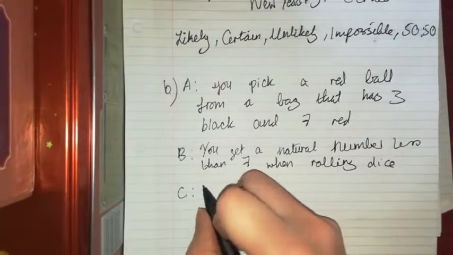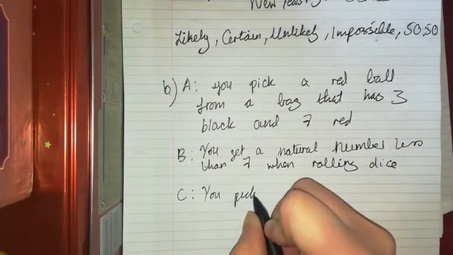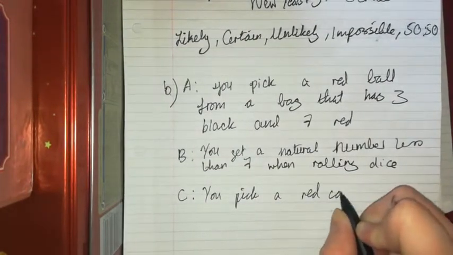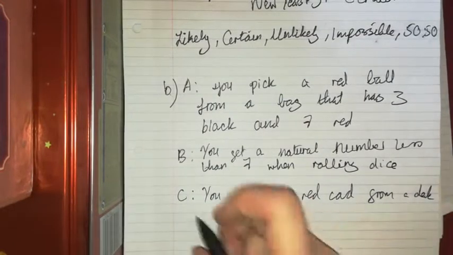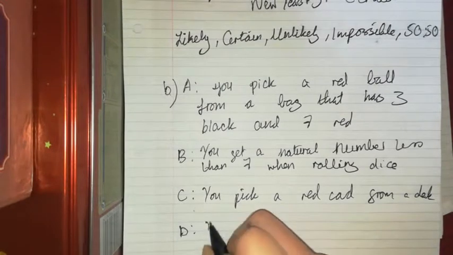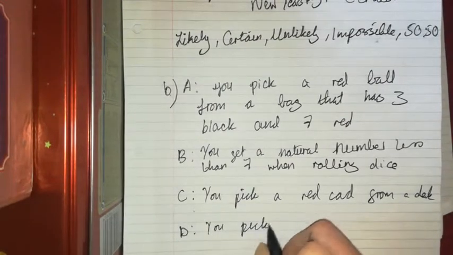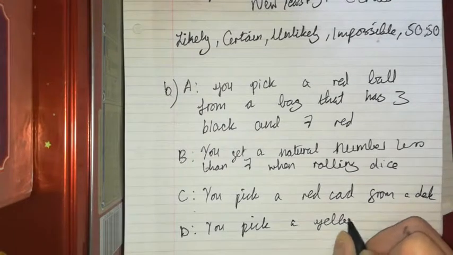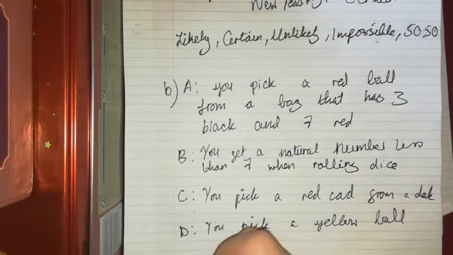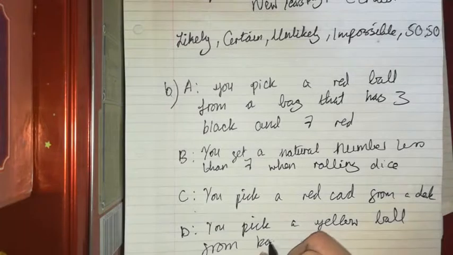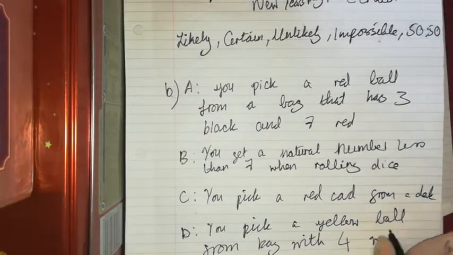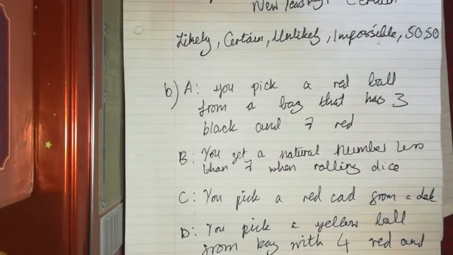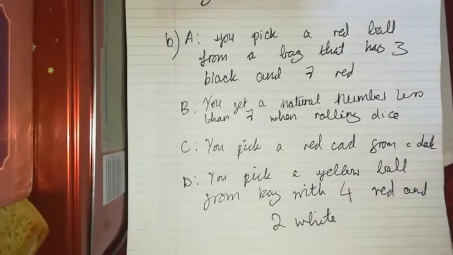Part C is you pick a red card from a deck of playing cards, and part D is you pick a yellow ball from a bag with 4 red and 2 white balls.